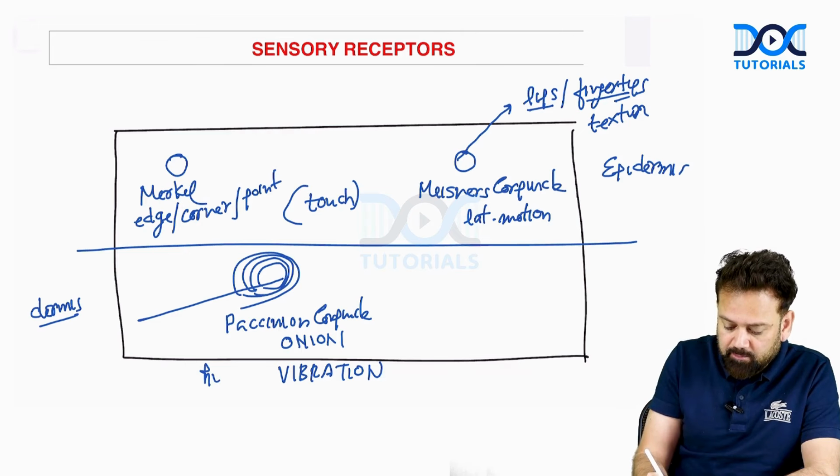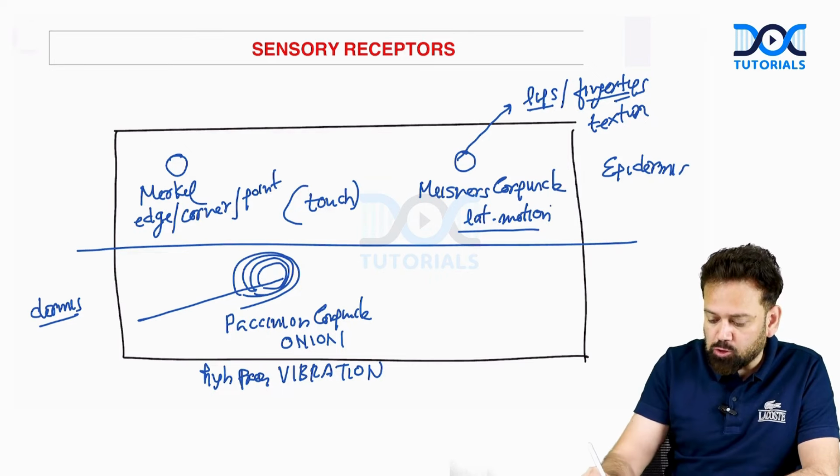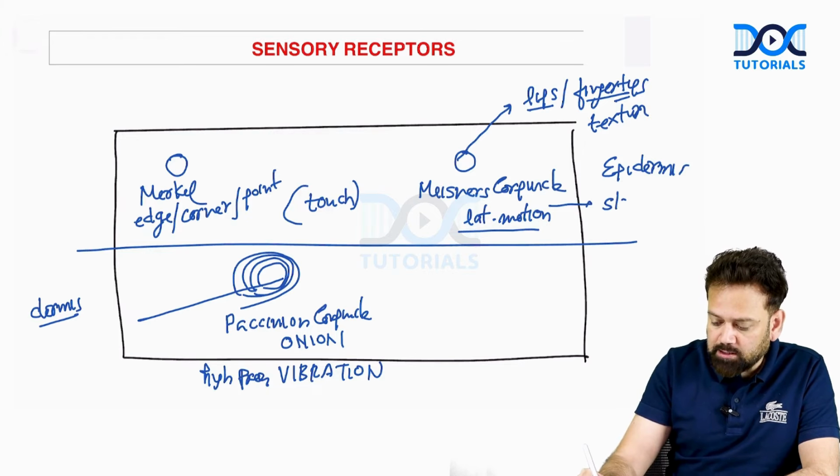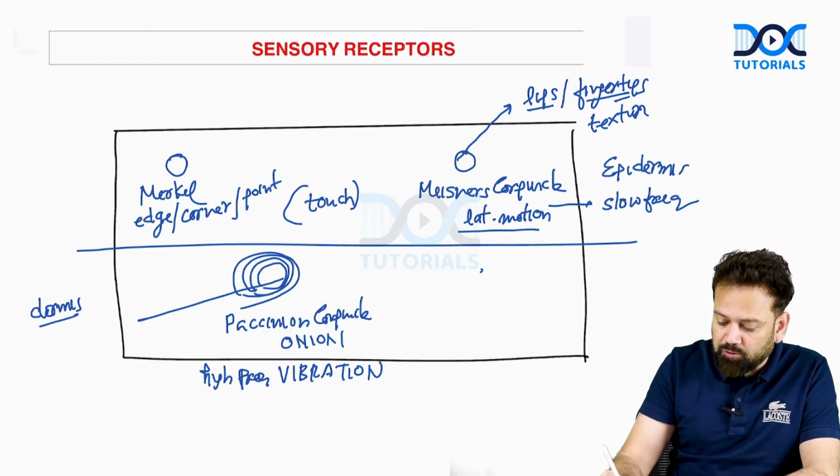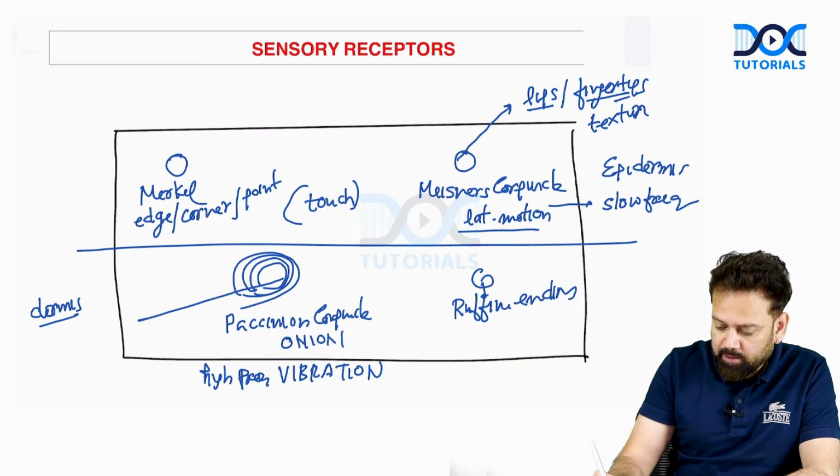High frequency. Because sometimes lateral motion is also like a vibration, and they are called as slow frequency vibration. Then the fourth one is your simply Ruffini ending. And this is for mainly stretch or constant pressure.